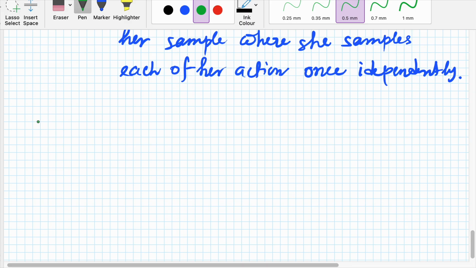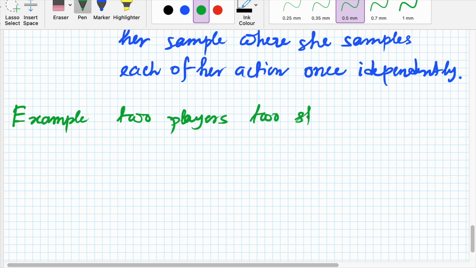Let me see an example. Example of a two players, two strategies game.